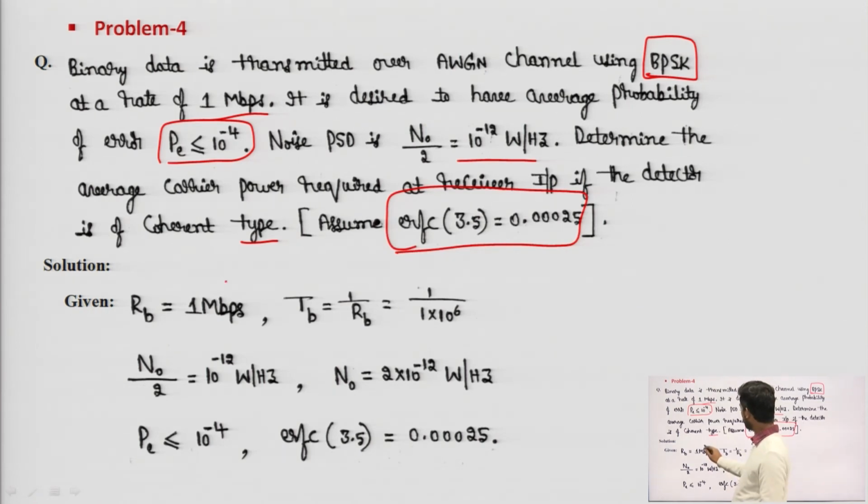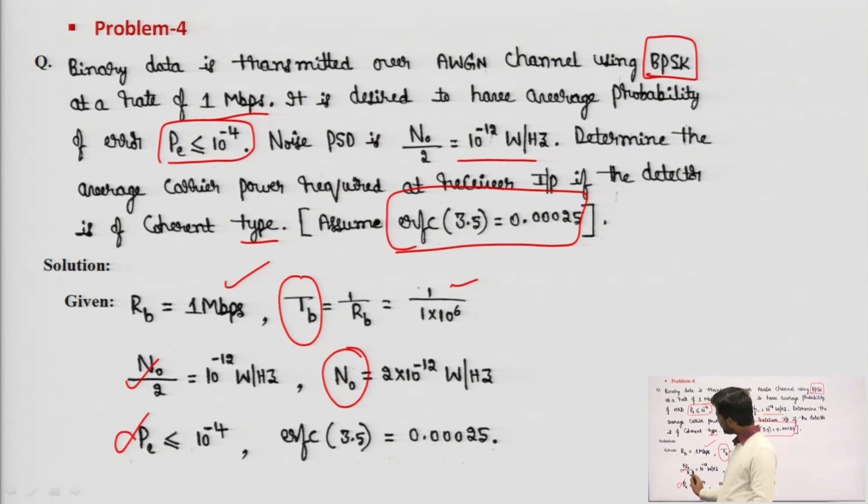So RB is nothing but 1 Mbps, from where I can get TB equal to this much. N naught by 2 is given, from where I can get N naught. So here the condition is given that Pe is less than or equal to 10 to the minus 4 and ERFC of 3.5 equal to 0.00025. Okay.